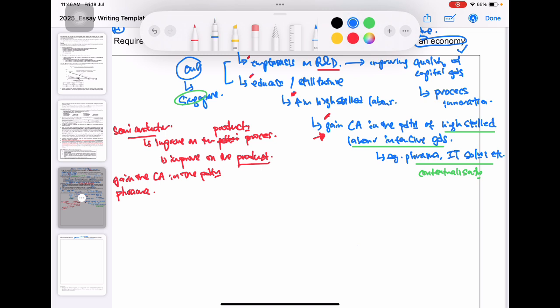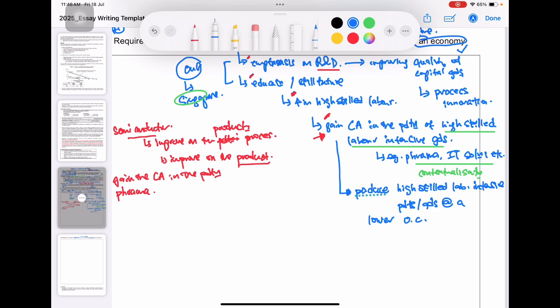So since this is the standard phrasing, it means that we are able to produce high skill labor intensive products or goods at a lower opportunity cost.